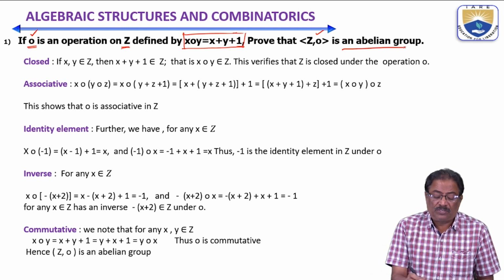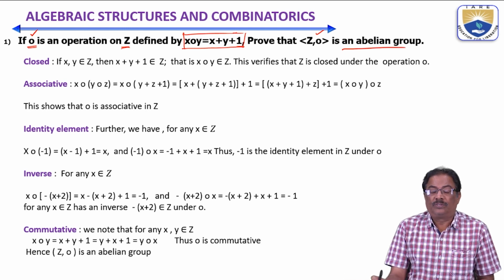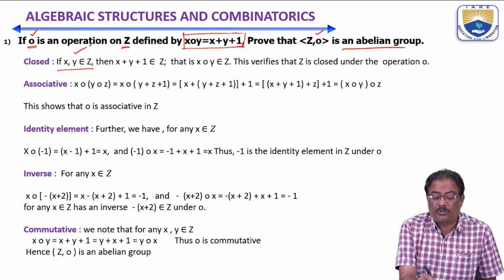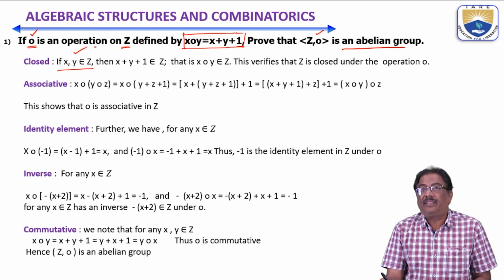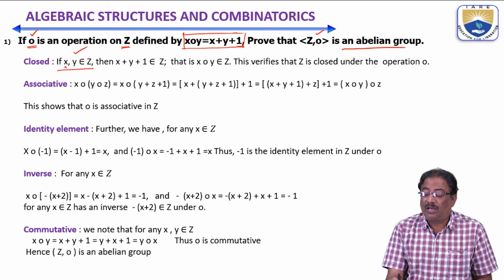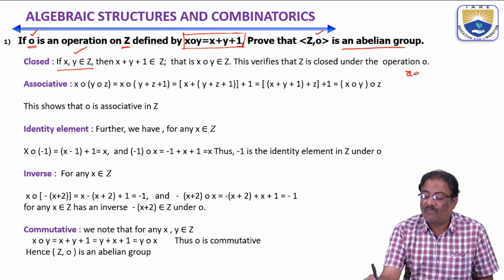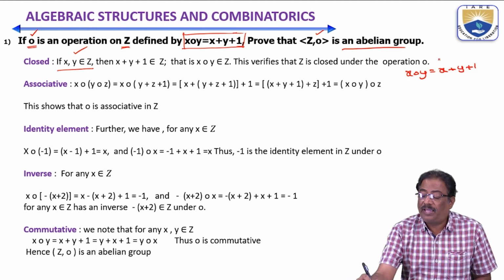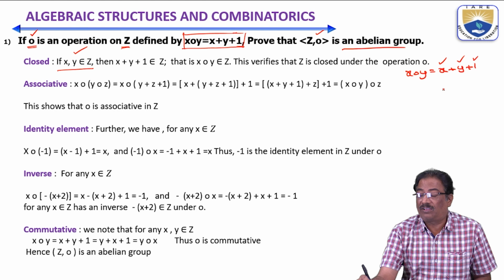First of all, we are going to prove that it is closed, so it is the closure axiom. We take any two elements and the binary operation circle between them. We take x, y belongs to Z. So what is x circle y? x circle y is equal to x plus y plus 1. x is an integer, y is an integer, so x plus y is an integer, and plus 1 is also an integer.